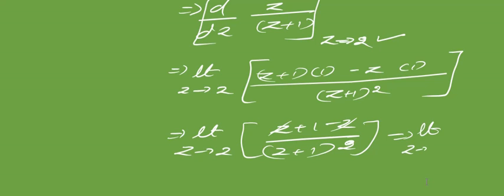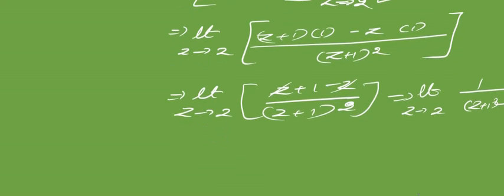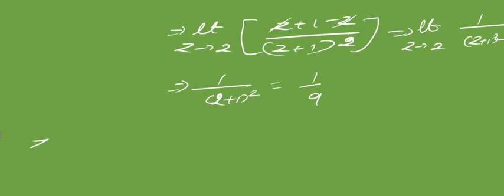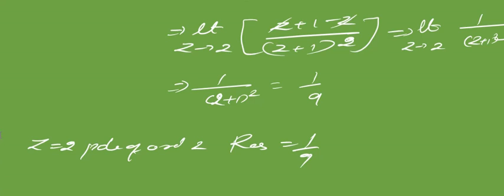So limit z tends to 2 is 1 by (z plus 1) whole square. When you substitute the limit now, the function exists. So it is 1 by (2 plus 1) square, which is 1 by 9. So z equal to 2, a pole of order 2, has residue 1 by 9.